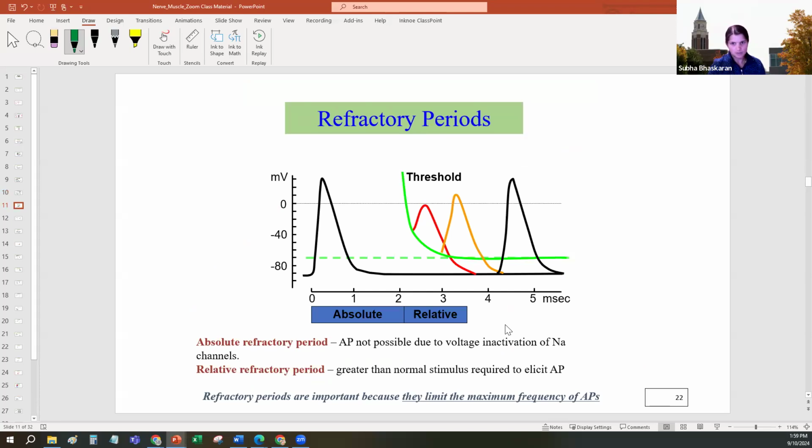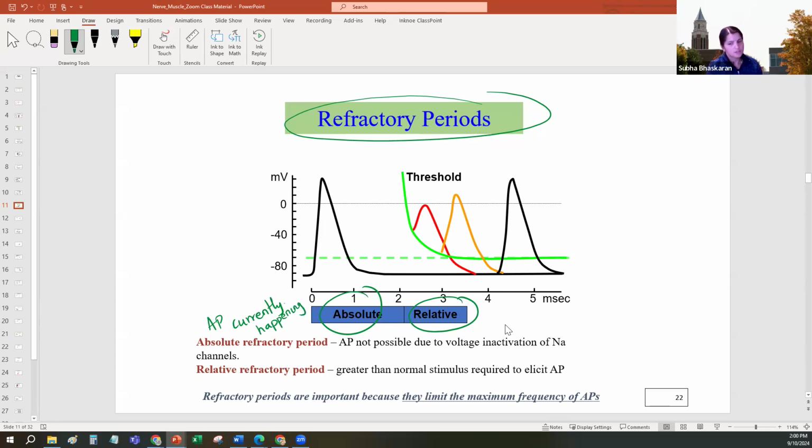And then we have, we just ended with this one for our break. Refractory periods. So we have absolute and relative. Absolute is when an action potential is currently happening. When it's currently happening, there is absolutely no room for another action potential.